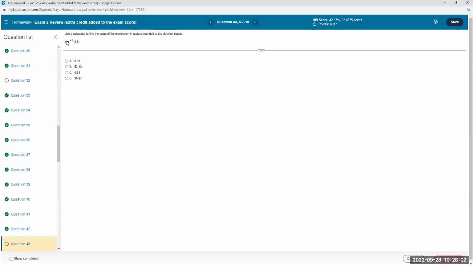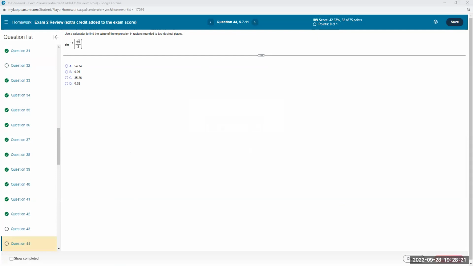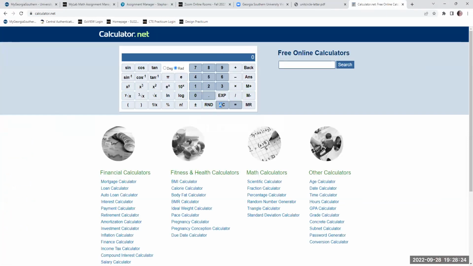Okay, use a calculator, same thing, sine inverse of 0.6. It's pretty much the same thing, so I'm just going to let you do that one. All right, let's do this one: sine inverse of square root of 6 over 3. Clear out my calculator. Sine inverse of square root of 6.